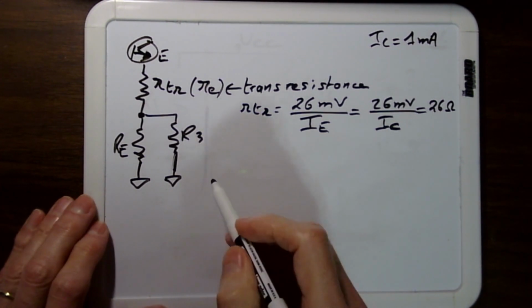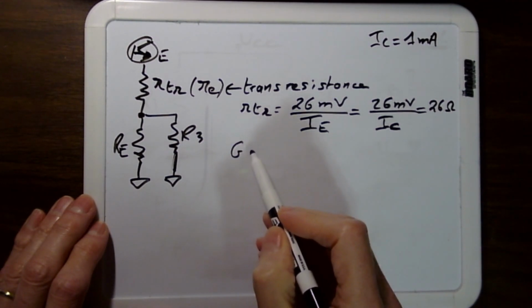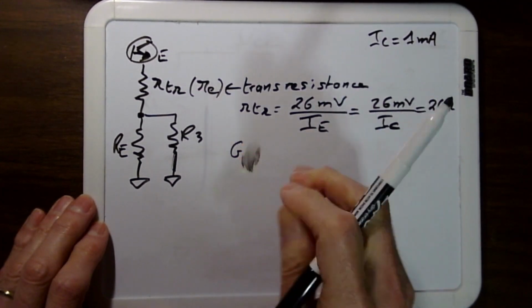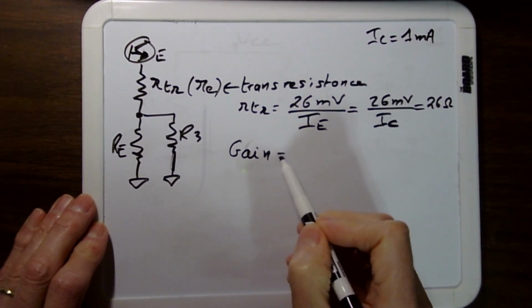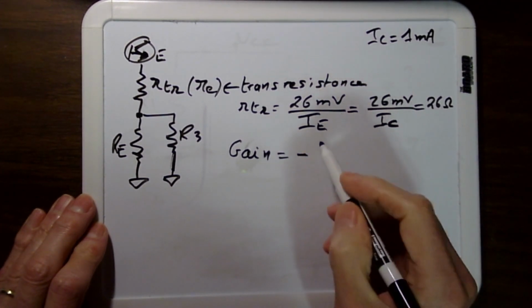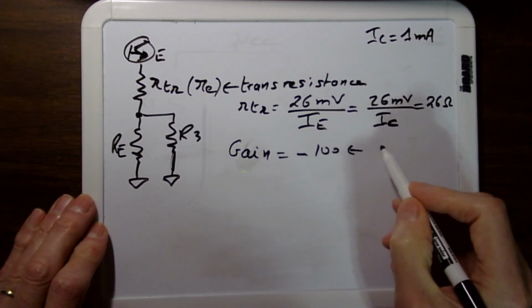So to get R3, we need to use the gain. Gain is equal to minus 100. That's your assumption.